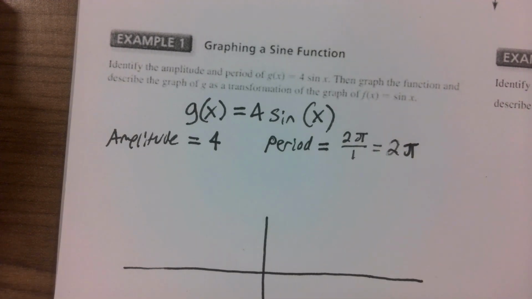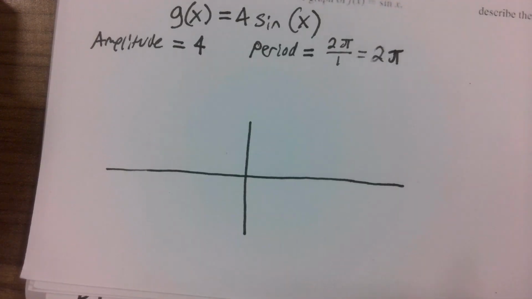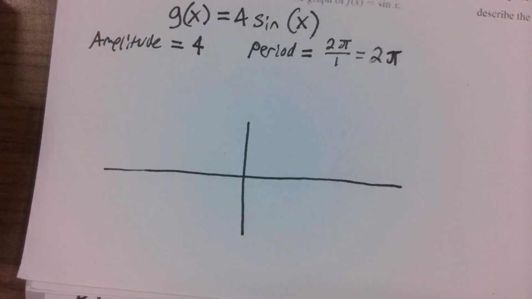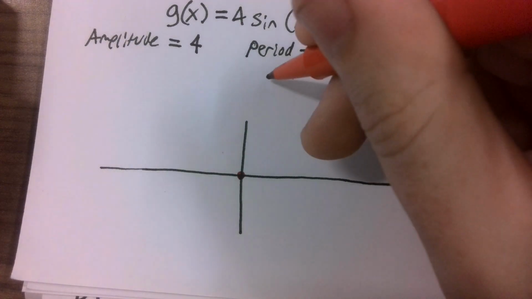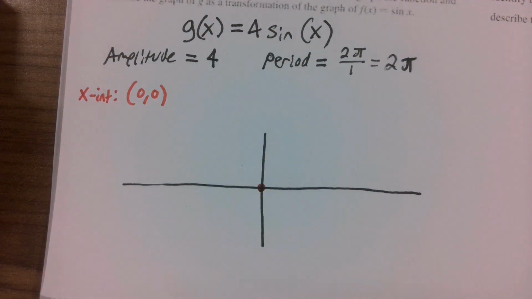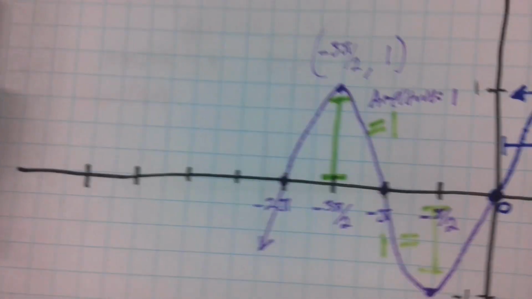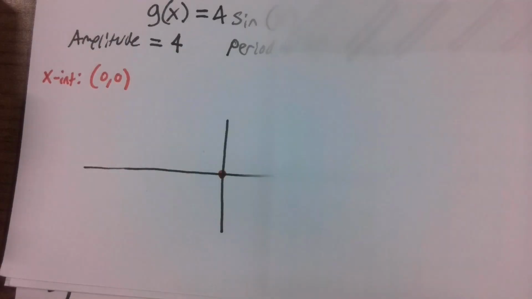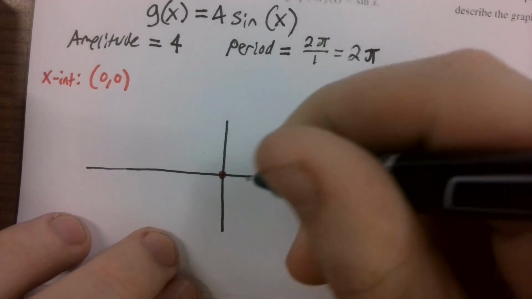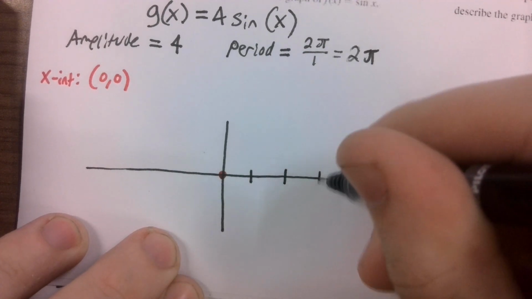The graph of sine is always going to start off with a key point at 0, and for sine, it's 0, 0. I'm going to keep track of them all over here. An x-intercept of 0, 0 is the very start of a sine graph. Then our original sine function went up afterwards, right? It went from 0, and then at pi over 2 was at 1.